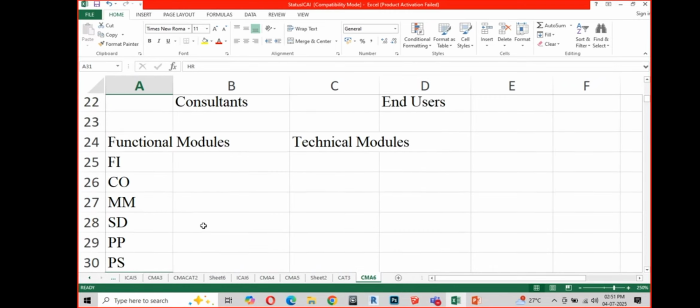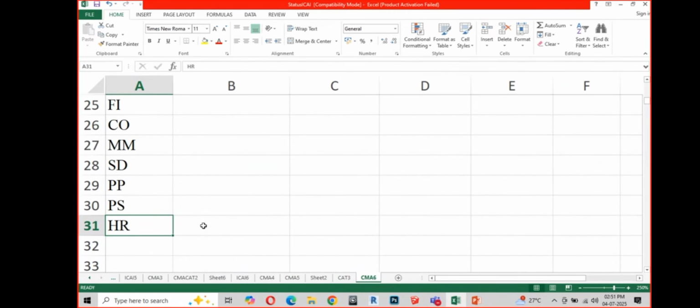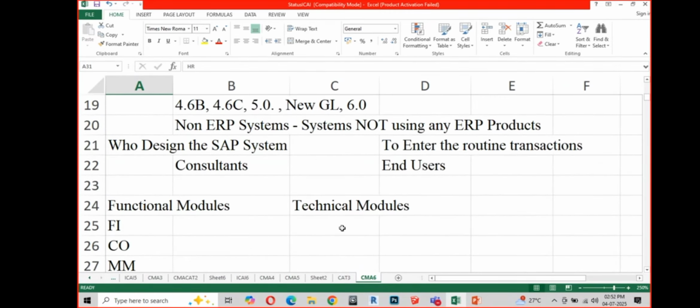When you're talking about the technical modules, technical in the sense, I hope you have heard about coding in any of the software languages. Let it be any software, there has to be some programming, some coding. So SAP is also coded in a language called Advanced Business Application Programming, your ABAP.